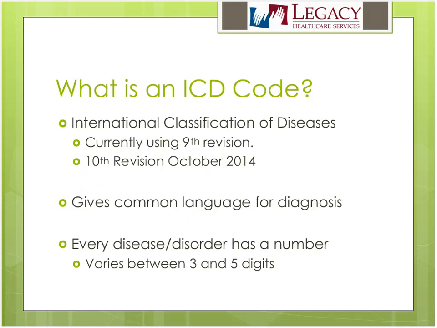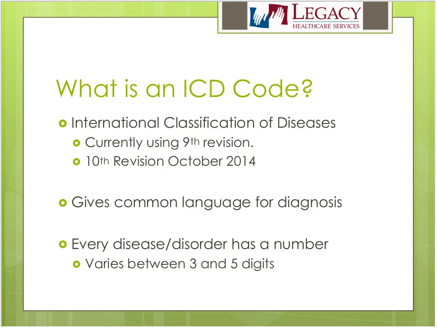So first of all, what is an ICD code? Most of us are going to know that as an ICD 9 code because we are currently using the 9th revision. ICD stands for International Classification of Diseases. These codes give us a common language among care providers as well as insurance companies to talk about diagnoses and diseases.